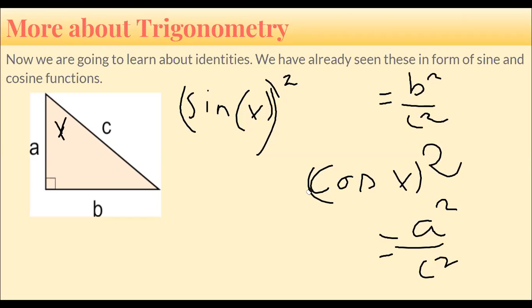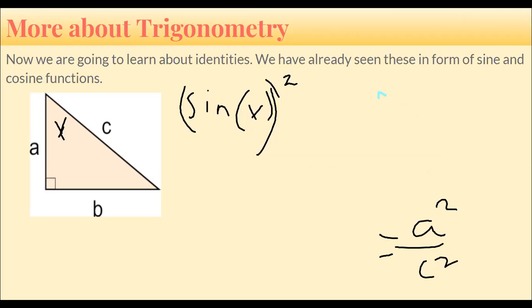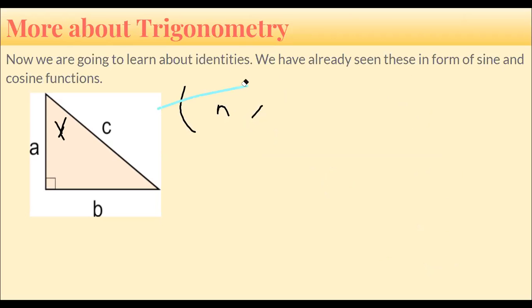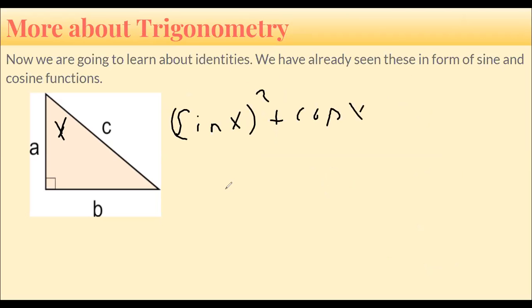I'll write this in a better way. So sine x squared plus cosine x squared. We know that sine x squared is equal to b squared over c squared, plus this is equal to a squared over c squared.